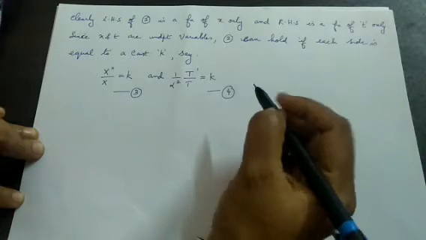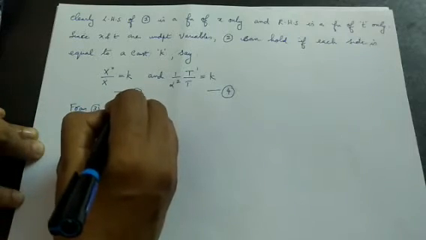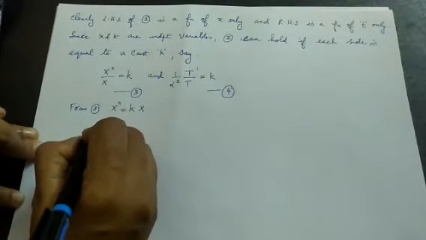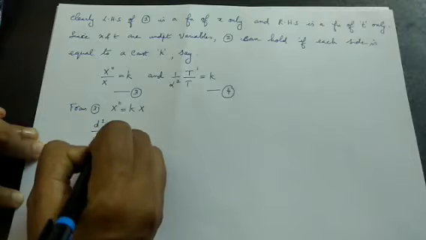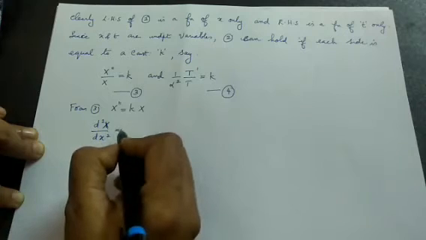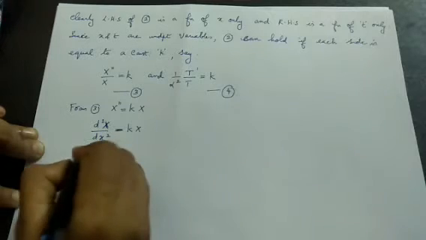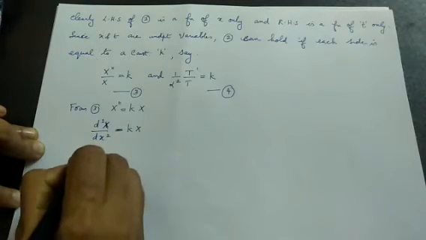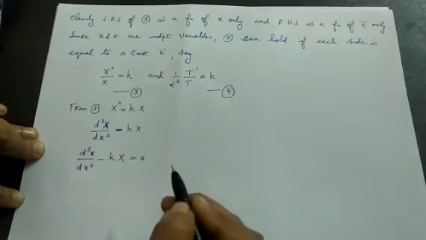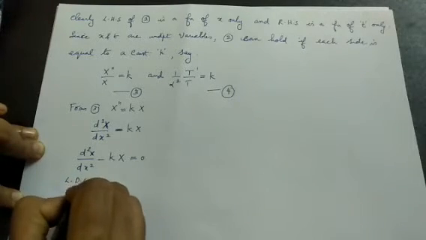Now, from equation number 3 we have X'' is equal to k into X, where X'' can be written as d²X/dx². Since X is a function of small x, the derivative will be d²X/dx² is equal to kX. That is d²X/dx² minus kX equal to 0. Now this represents a linear differential equation.